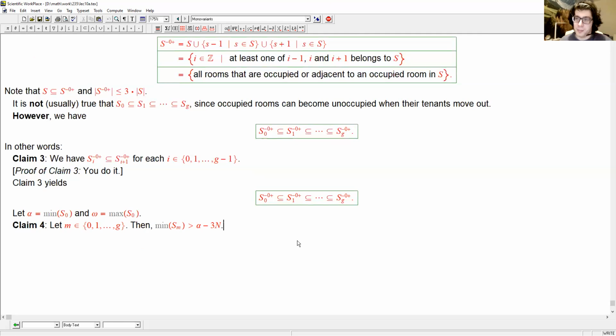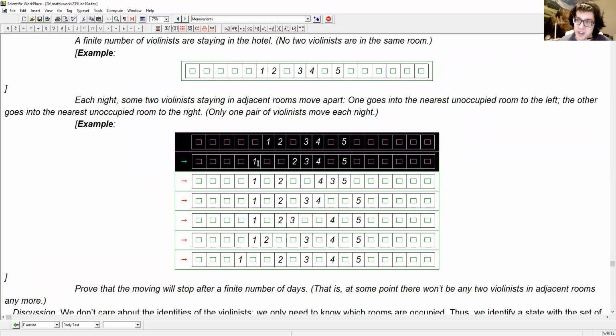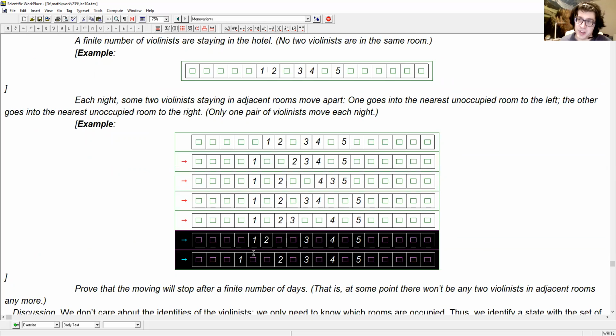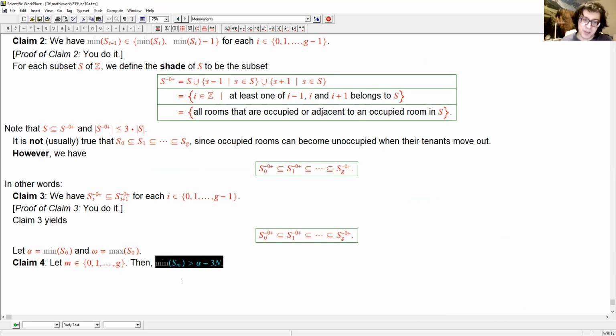What does this mean? We have seen in this example that the leftmost occupied room doesn't have to stay the same. Sometimes, for example, here it moves left. And again, here it moves left. What my claim here is saying is that it will never move more than 3n steps left.